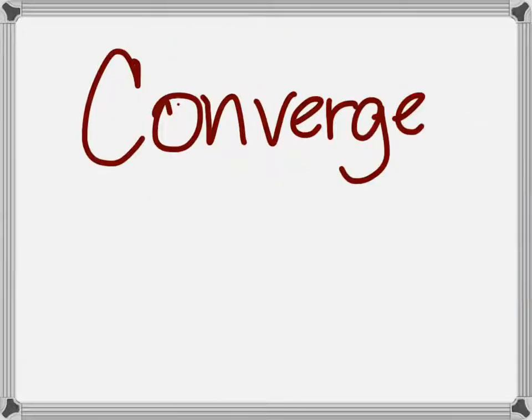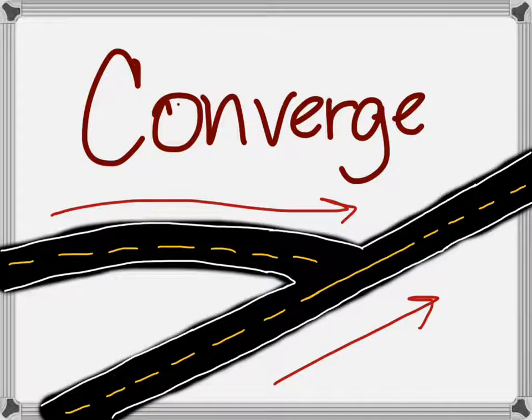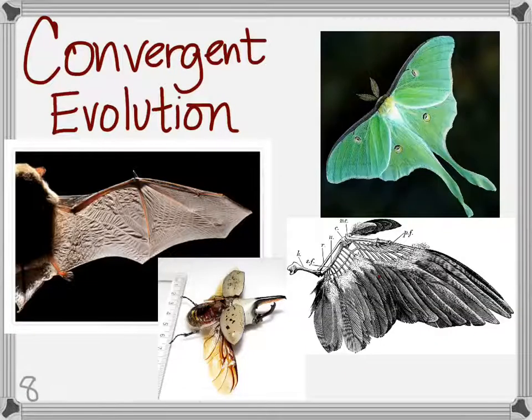To converge. When two things come together, like these roads here, they converge. When two species end up with a similar structure, not because they have a common ancestor, but because a structure like that gave them each an advantage in their environment, we call it convergent evolution. Wings. Insects have wings, so do birds.